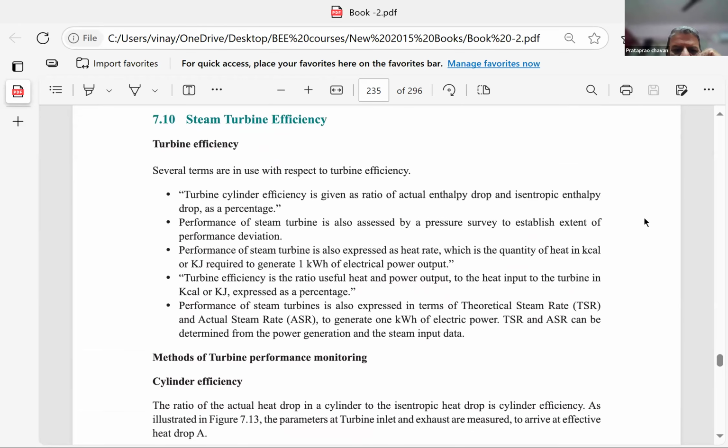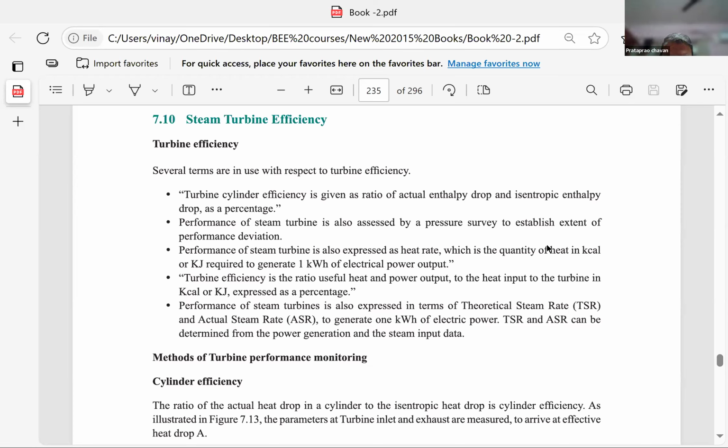Then steam turbine efficiency. You have seen the efficiencies of turbine and boiler in your earlier lectures. Same paper, paper 2, different chapters. They are more detailed, they have more solved problems. Here it is just a reference to that, because in cogeneration or in other generating processes, the working of a steam turbine is the same.